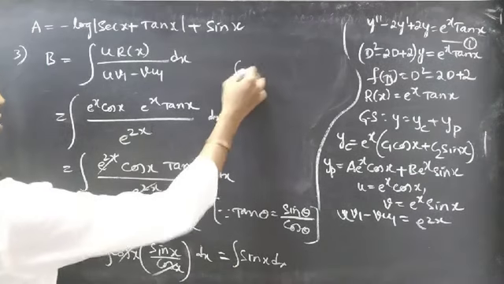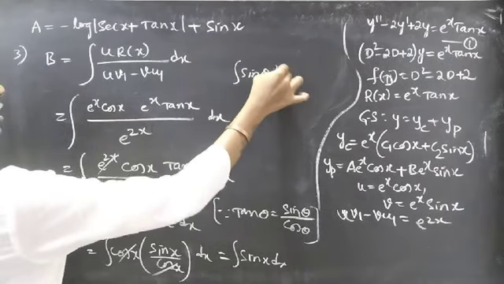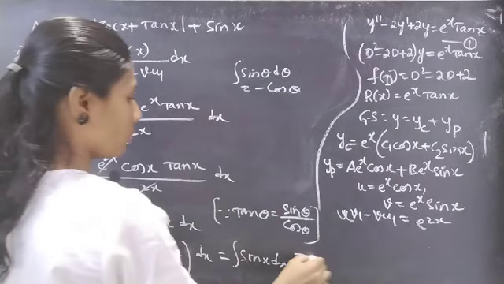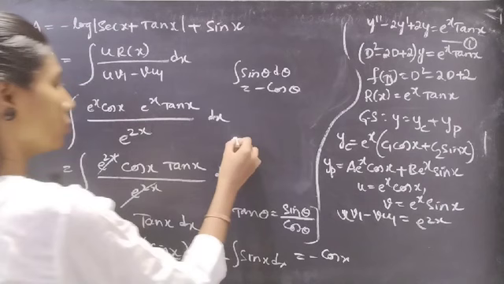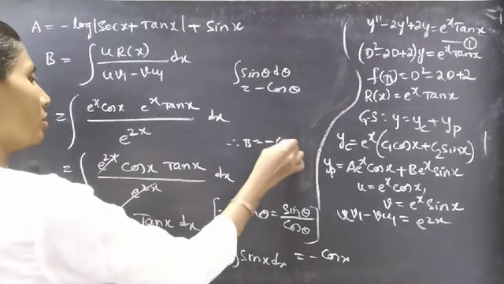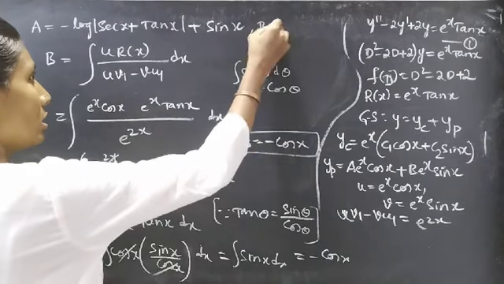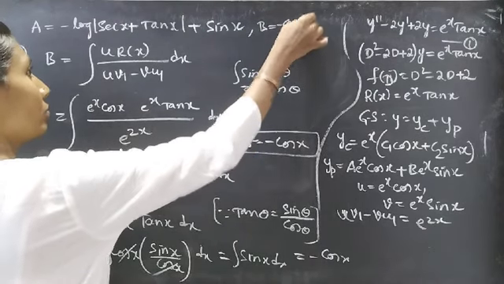Since we know that integral sin theta d theta equal to minus cos theta, we'll get minus cos x. Therefore b equal to minus cos x. So we got a and b. Let's now find yp.